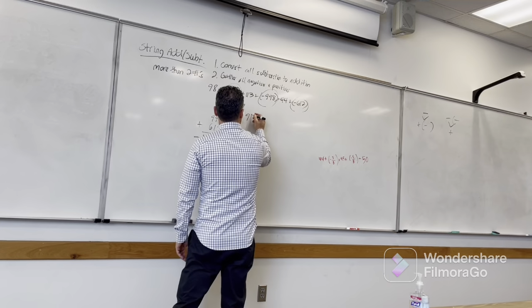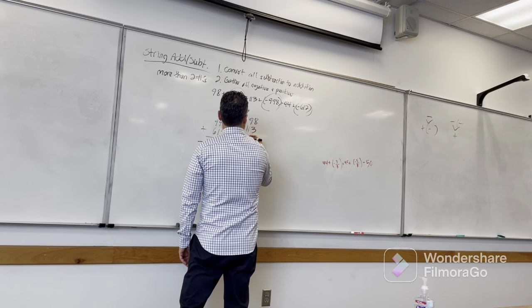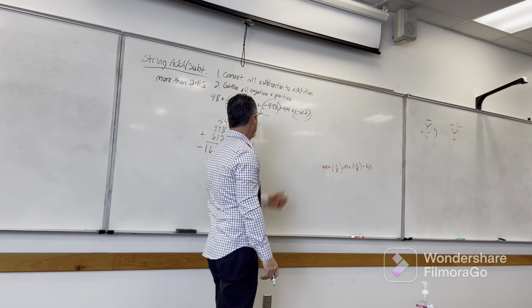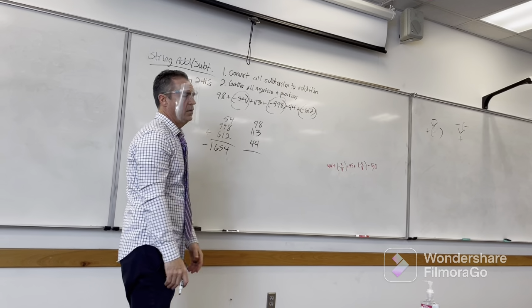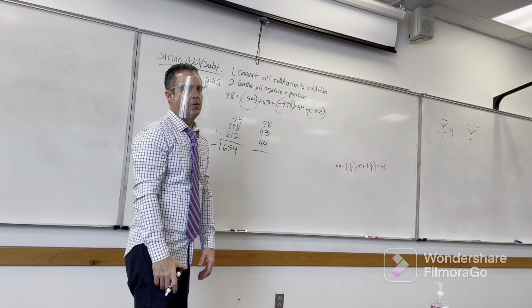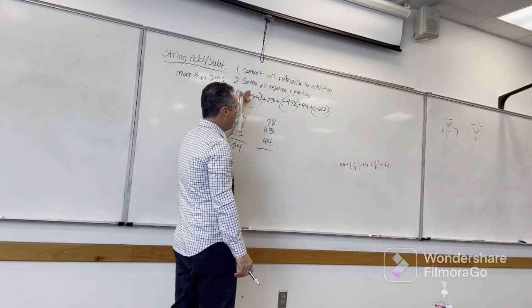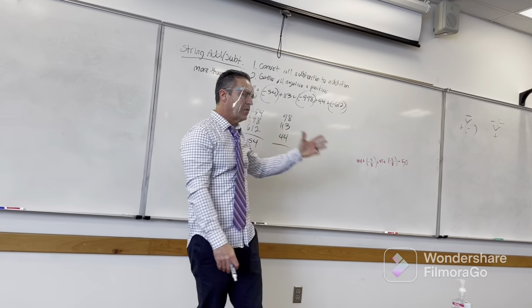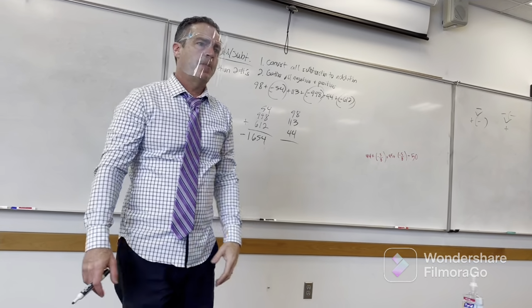Then you take all your positives, 98, 113, 44, and you add all those together. What do you get? One second. Like I said, you can add all these in the calculator, but if you want to do it this way, you can add all your negatives and all your positives.